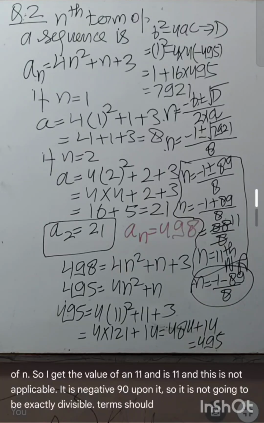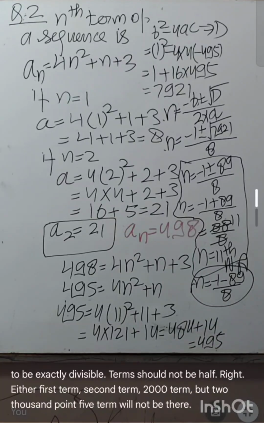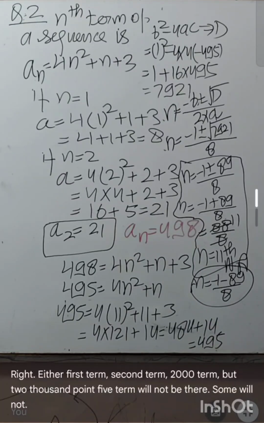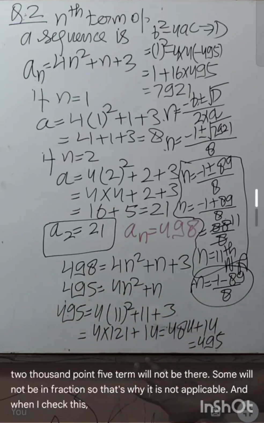Term should not be half, right? Either first term, second term, 2000 term, but 2000.5 term will not be there. Term will not be in fraction. So that's why it is not applicable. And when I check this, I find we are getting the same. So I hope you get that.